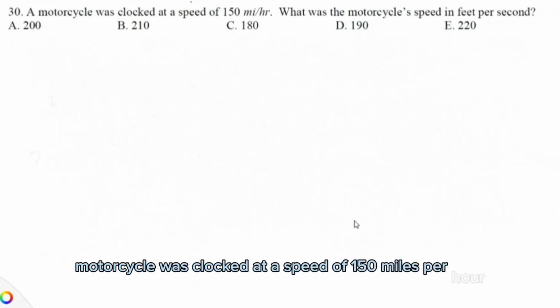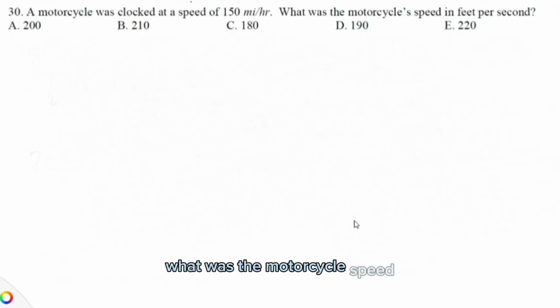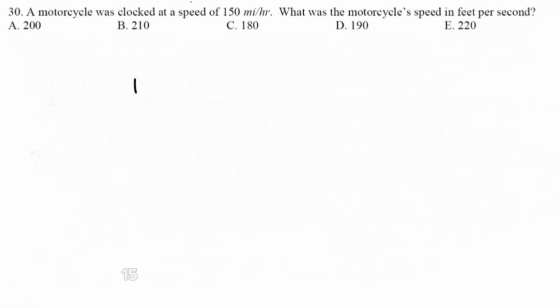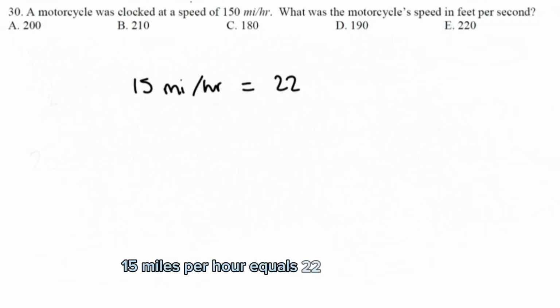Next, number 30. A motorcycle was clocked at a speed of 150 miles per hour. What was the motorcycle's speed in feet per second? Alright, so one common conversion you need to know for this test is 15 miles per hour equals 22 feet per second.